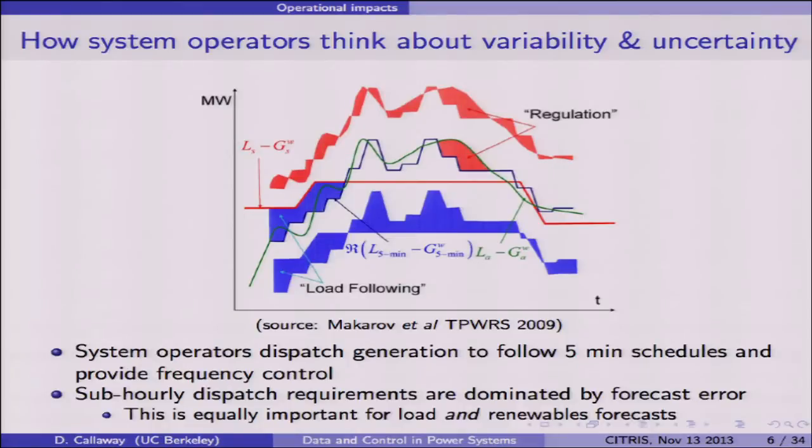So one thing that I should say from the outset is that variability and uncertainty in demand has been there for over a century now. And system operators have had to think about changing the output of generators to deal with the fact that how we consume electricity varies over a day and over seasons, but also to account for the fact that they can't predict exactly what consumption of electricity will be at any point in time.